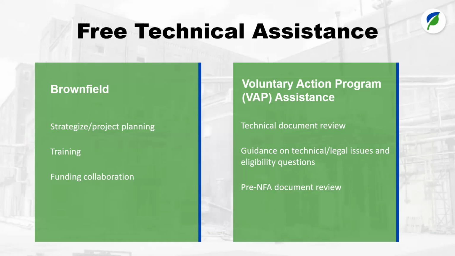We can also offer specific assistance through our VAP program for document reviews. Any project in the VAP, a local community can request free technical assistance for review of documents to assist a project that is going through the voluntary action program. Next slide.